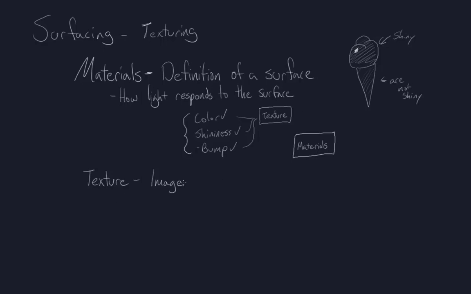So really, you can take that and use that to extend the definition of a texture. An image that defines some aspect of a material. And it's going to make that definition on a pixel by pixel basis.